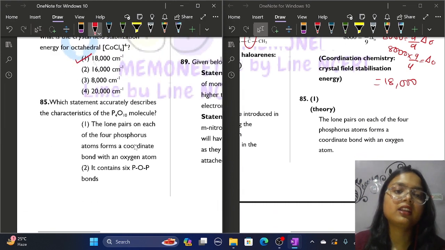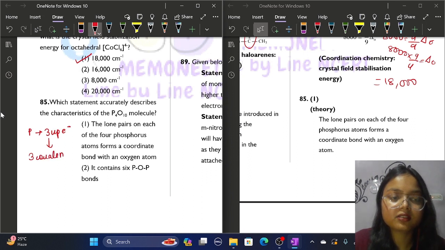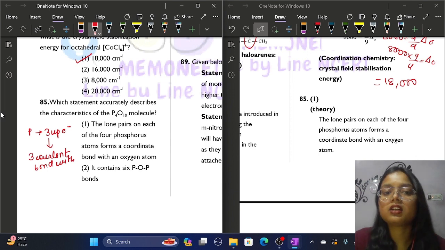Next is 85. Which statement accurately describes the characteristics of the P4O10 molecule? The lone pair on each of the 4 phosphorus atoms forms a coordinate bond with an oxygen atom. Each phosphorus atom has 3 unpaired electrons, which means it forms 3 covalent bonds with 3 other phosphorus atoms.